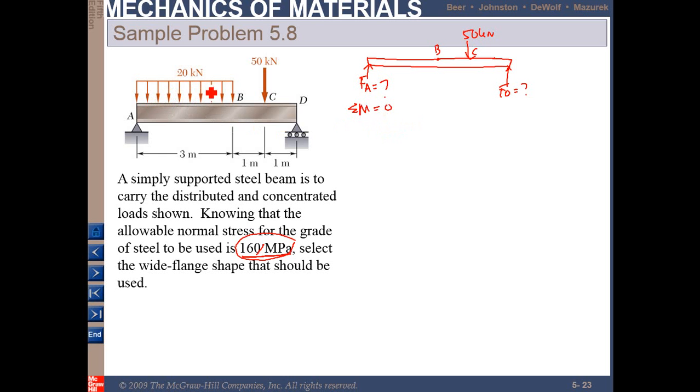Because this is a UDL of 20 kilonewton per meter, in 1 meter it has 20 kilonewton, but because it has 3 meters, it is 20 times 3, which is equal to 60 kilonewton.